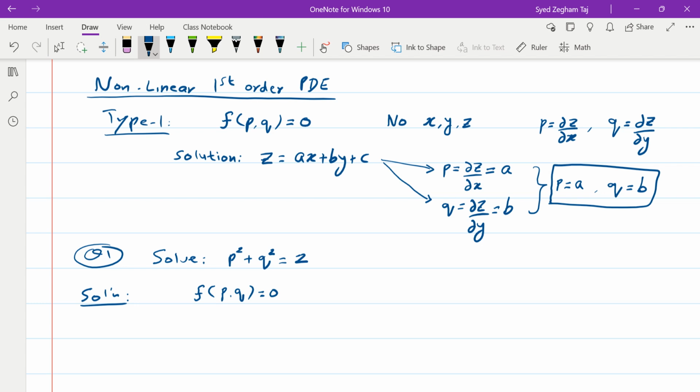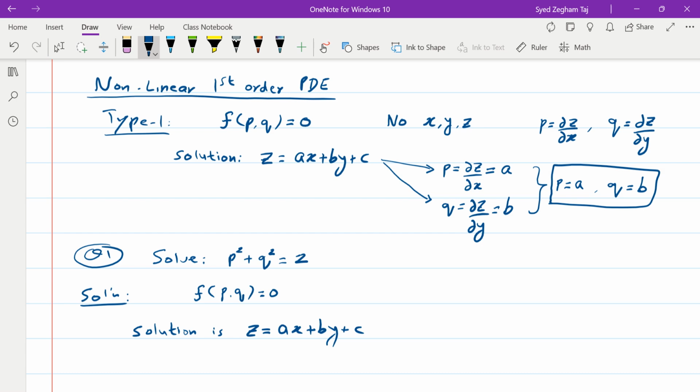And here immediately I will write that the solution of this partial differential equation will be, as we discussed just now, z is equal to ax plus by plus c.